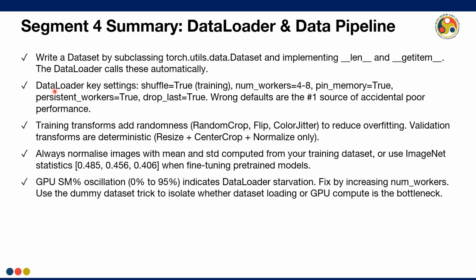The data loader has different parameters, and we have talked about what they do. We also talked about the bottlenecks in the training process in terms of data transfer and pre-processing, and the utilization in terms of GPU streaming multiprocessors. If it is not reaching 90 or 95%, where exactly the bottleneck is, we now know with synthetic dataset training and utilizing the GPU.